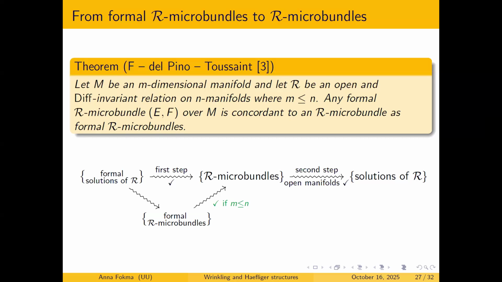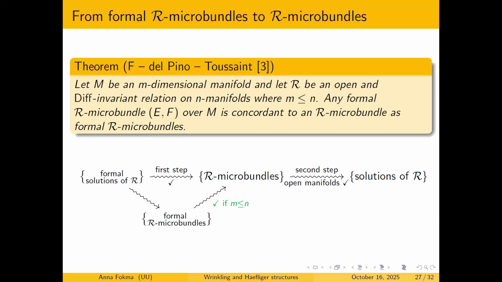Well, if we have a formal microbundle, which now does not need to come from a formal solution, then we can concord it to a genuine R microbundle, but only if the dimension of the base manifold is less than or equal to the dimension of the fiber. And basically the proof is: thicken the base manifold M such that it is of the same dimension, and then you're in the previous case and you can apply an analogous proof.